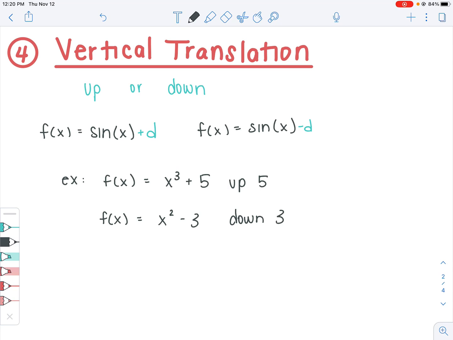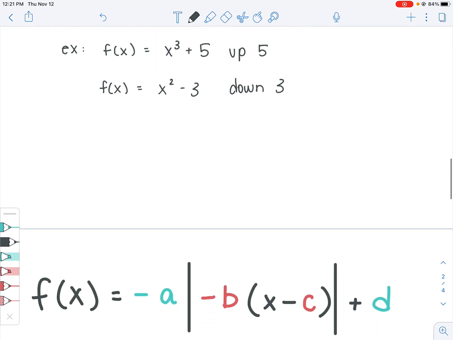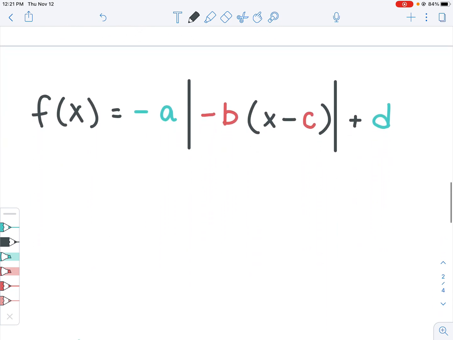You guys have seen this already, all separated, but we're going to put it all together now, in which case the order is going to matter. So when I look at something all together, I can have as many transformations as possible. The first negative tells me if it reflects over the x-axis.